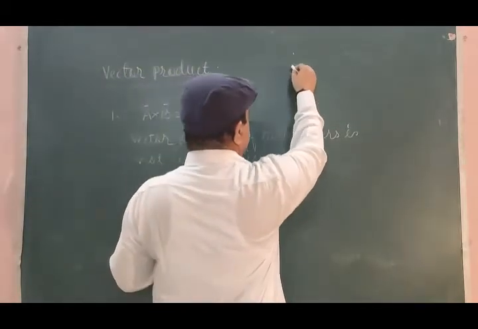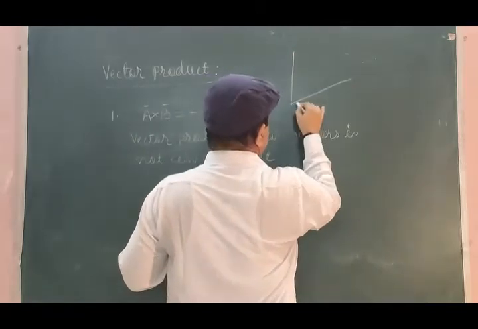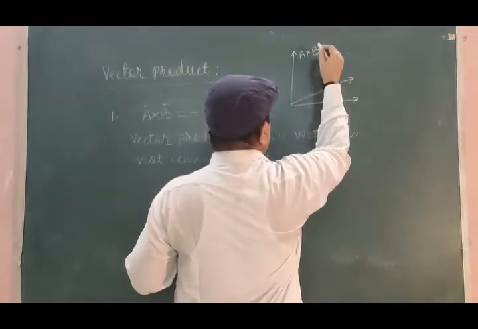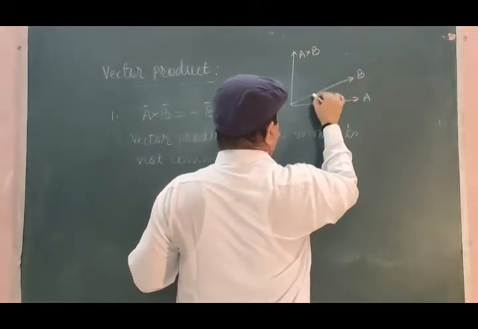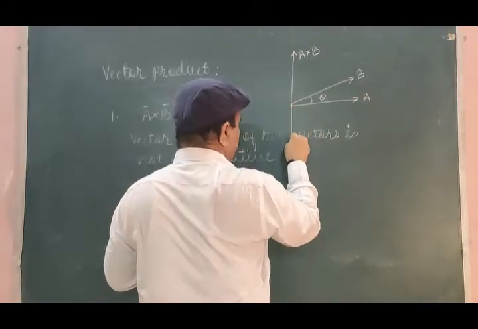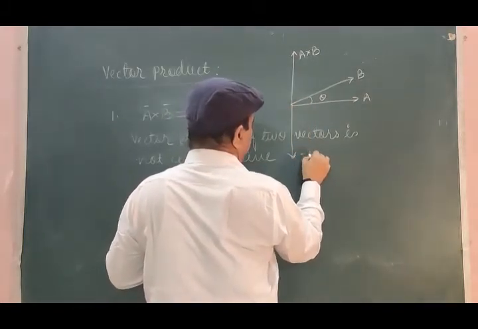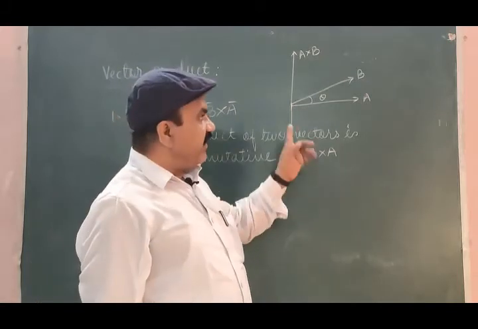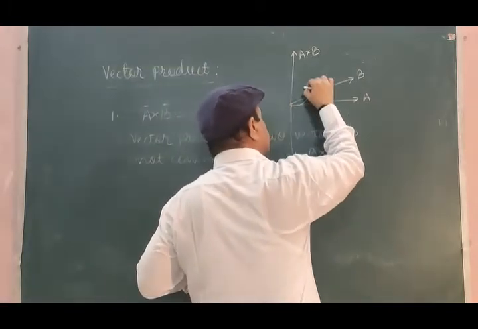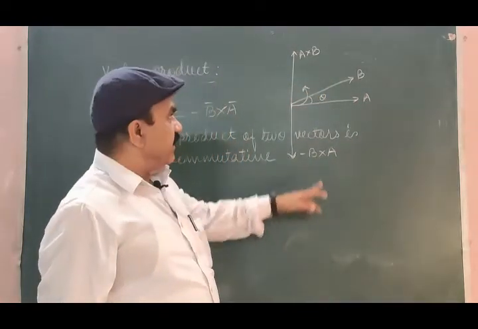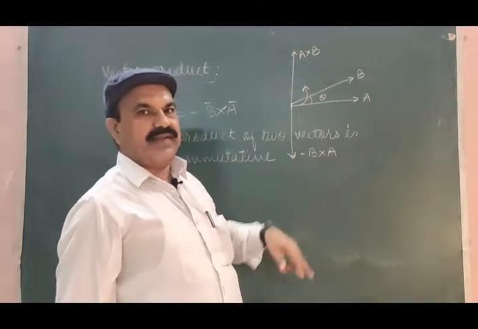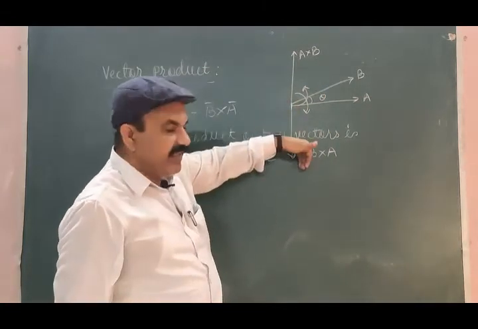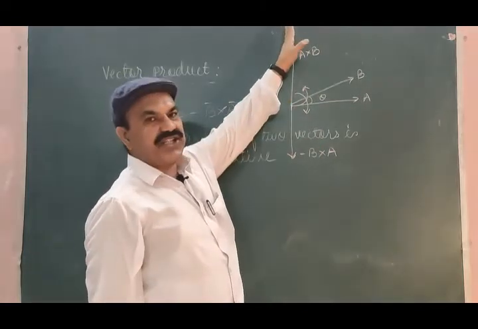A cross B may be shown this way. If you combine vectors A and B in this direction, the cross product is A cross B, in the upward direction.